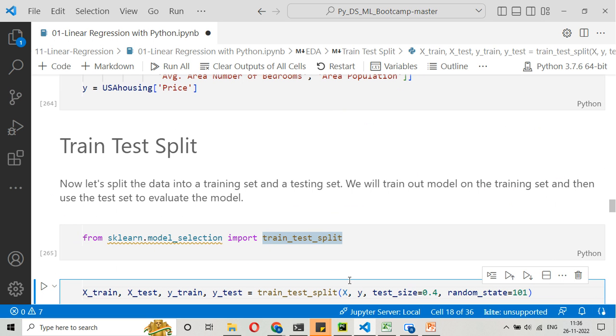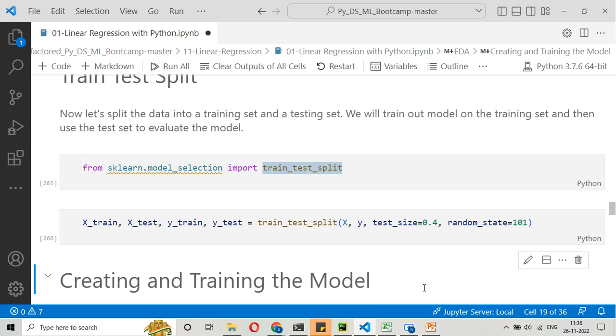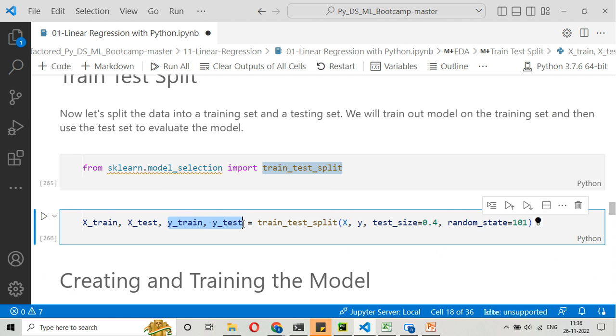This is also a machine learning step. And random state is some random number you have given to split your data set. This is splitting. What it will do is randomly give 40% of the data to test and 60% to train. Train will be this one, test will be this one.